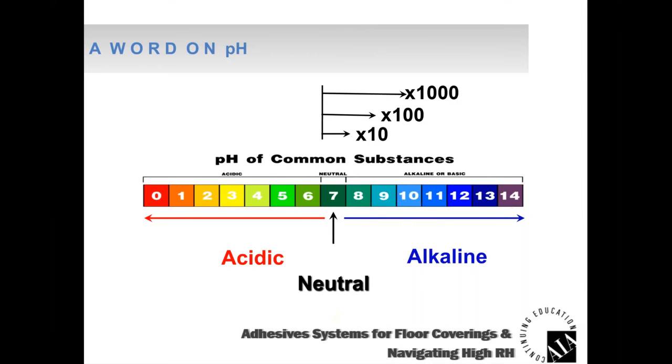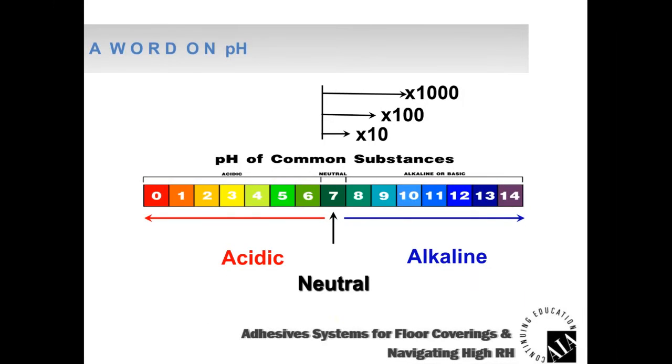I want everybody to understand the pH scale. Maybe you've heard this. The pH scale numerically goes from 0 to 14, with neutral being 7. But the key thing here is the scale. 7 to 8 is 10 times more alkaline.